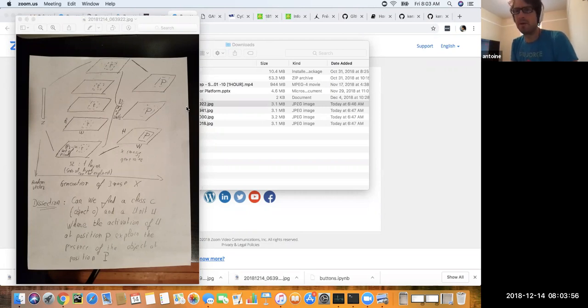Maybe you have already seen some notebooks where, for a standard neural network doing classification, they create the image which maximizes a specific output.